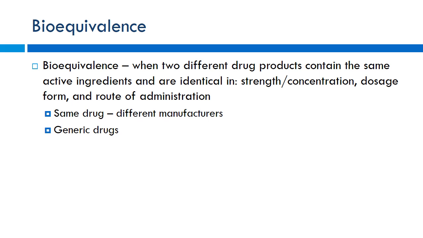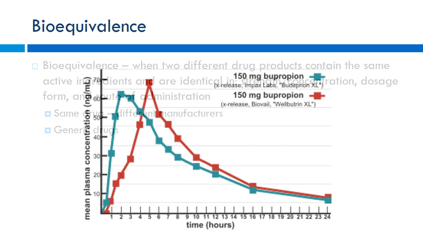That does not mean that some people will not have a reaction to some of the other ingredients that they include, right? These don't have to be products that are identical in every way, shape, and form. They can change the color, they can change some of the fillers, but essentially they need to show it's the same active drug, same concentration, same dosage form, and it achieves similar levels within the body. So most often it's going to come up when you're doing generic drugs.